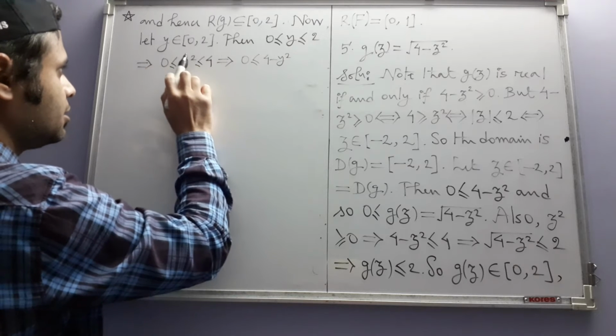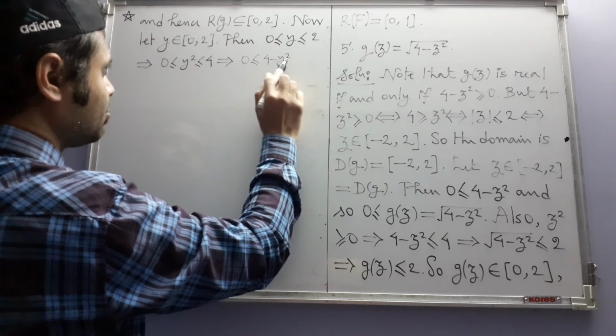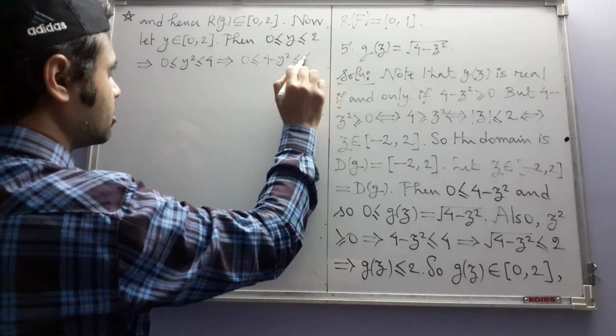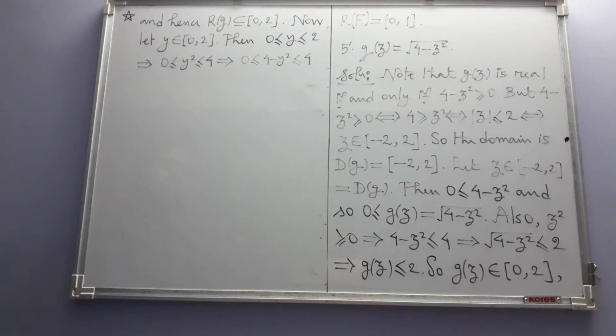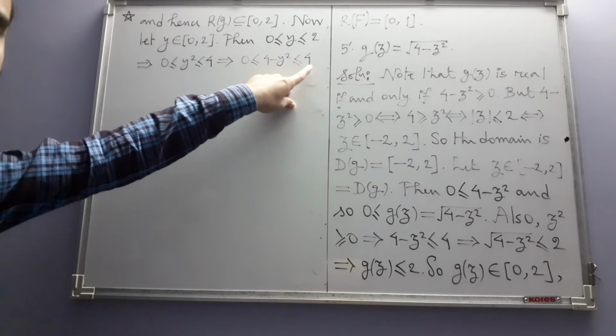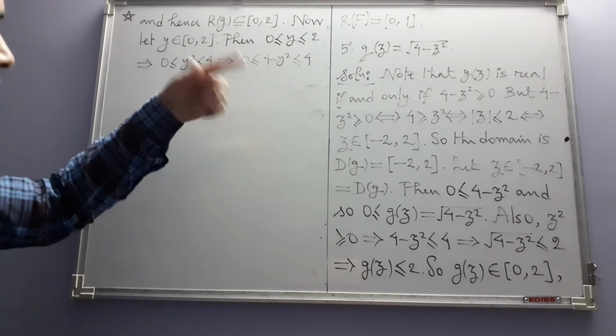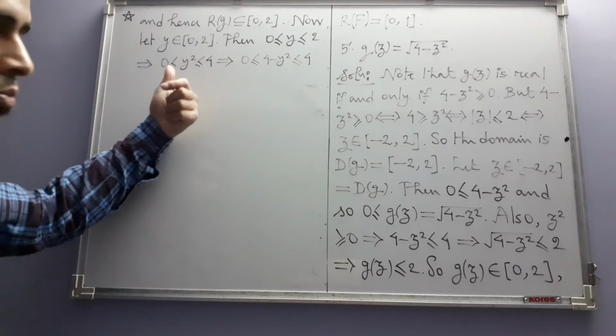From the first inequality, you get the fact that this is less than or equal to 4, because minus y square is non-positive, that means y square is non-negative, which is true.